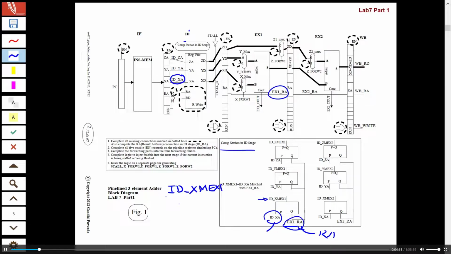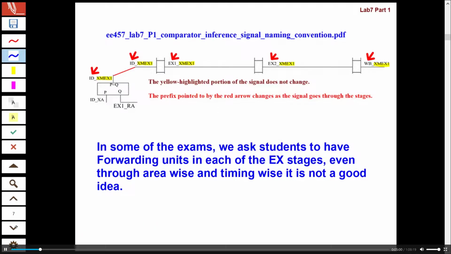EX1. So IDX matches with EX1 is the name of this, which says IDX address matches with EX1 result address. That comparison unit is in the comp station in ID stage, and this prefix ID says where it is produced, and that is taken through stage registers into the next stage.